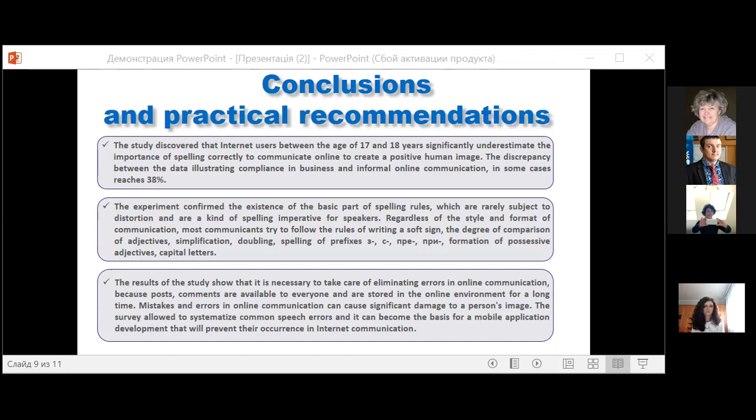The experiment confirmed the existence of the basic part of spelling rules, which are rarely subject to distortion and are a kind of spelling imperative for speakers.